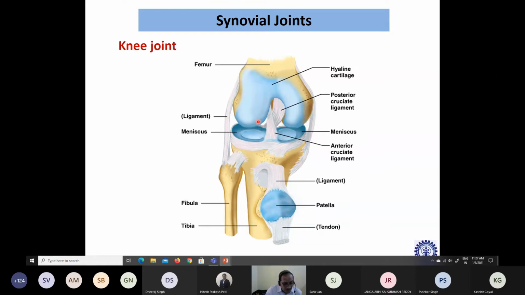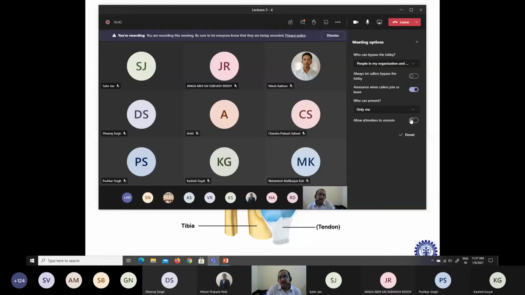So what is this? Which knee is it, right knee or left knee?